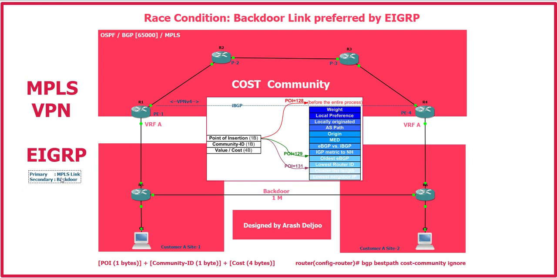Let me talk about this scenario. You should know that the cost community feature I am going to talk about is only needed when you have a backdoor link. If you don't have a backdoor link, we don't have any problem. But if you have a backdoor link, we need some features, and maybe we encounter some problems.